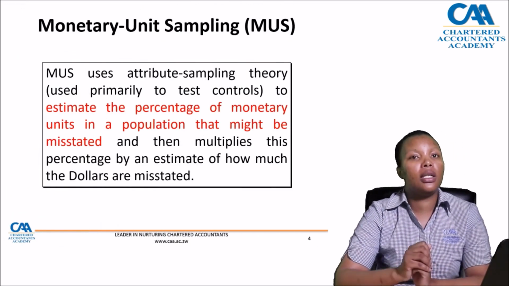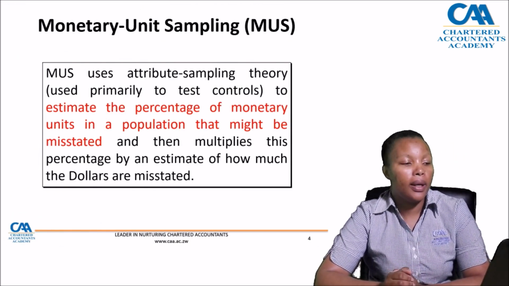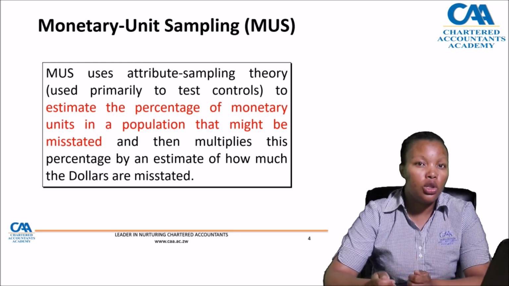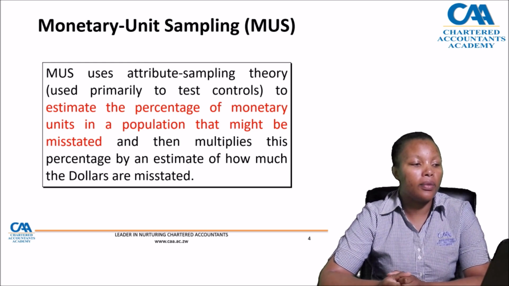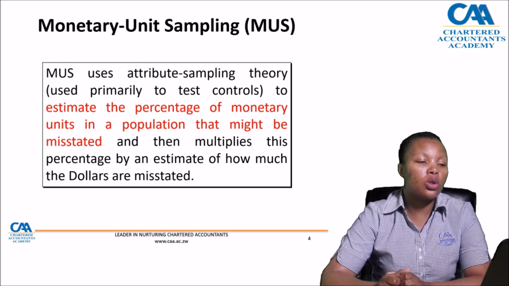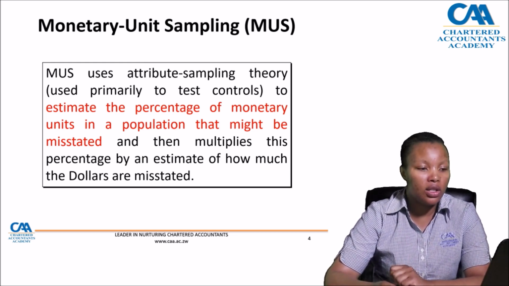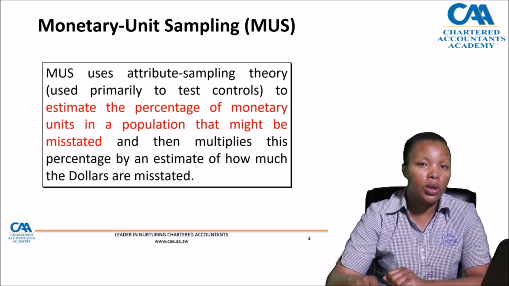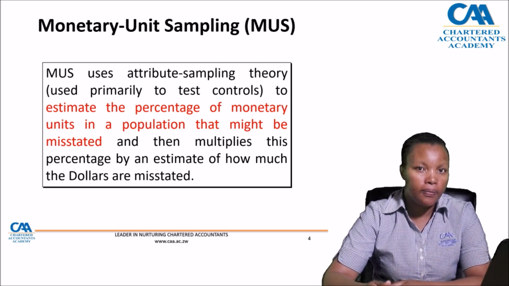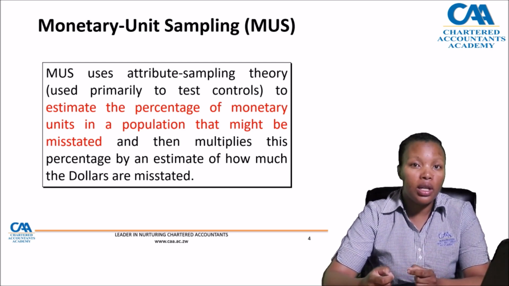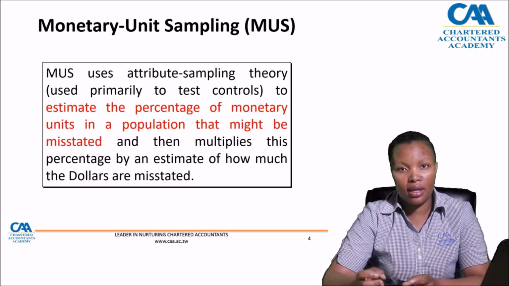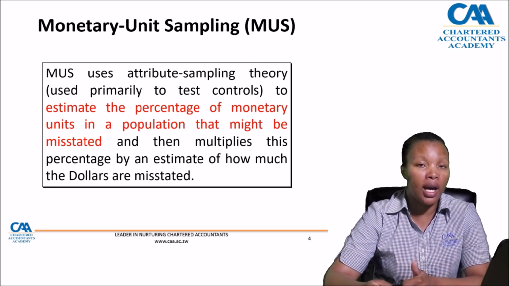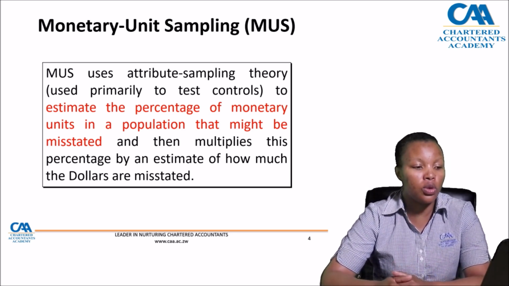So you find that monetary unit sampling, as I said, uses the theory that we covered in attribute sampling, but now it's using it to also estimate the percentage of monetary units in a population that might actually be misstated. So now we're using monetary units in the population and not documents in the population, as we do with attribute sampling under test of controls.